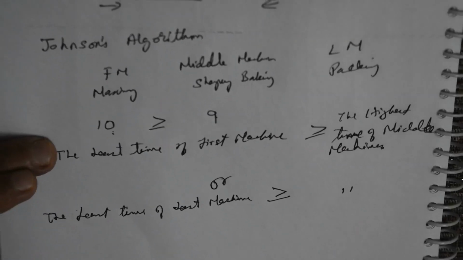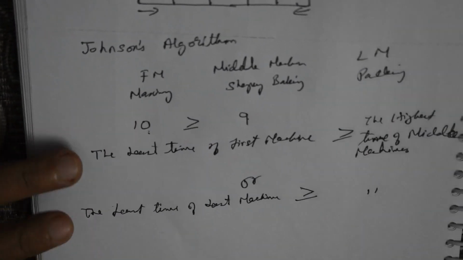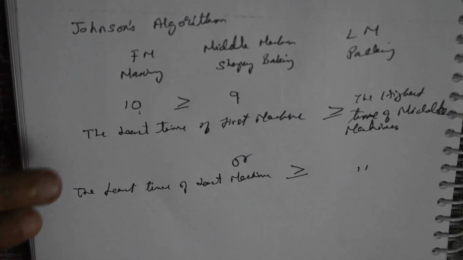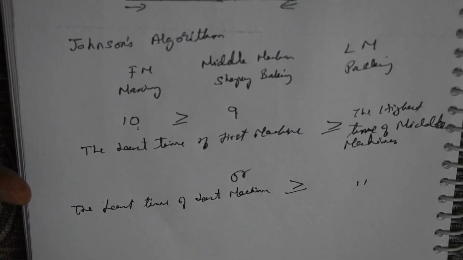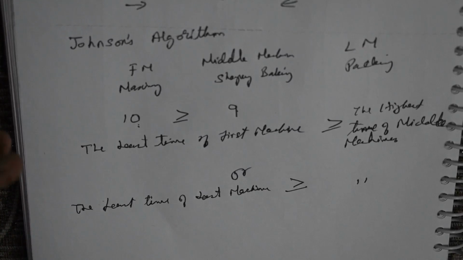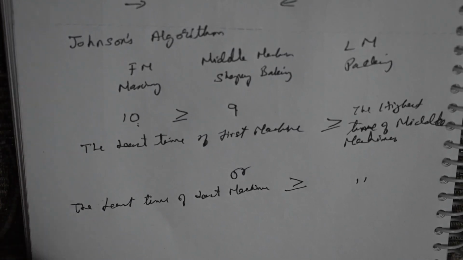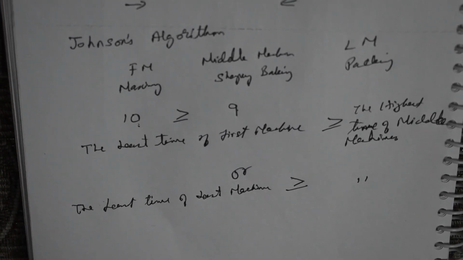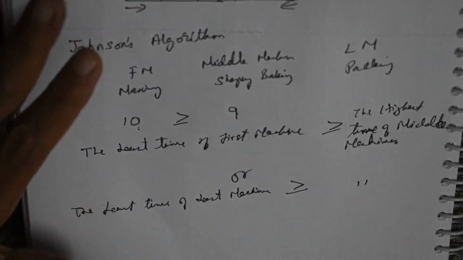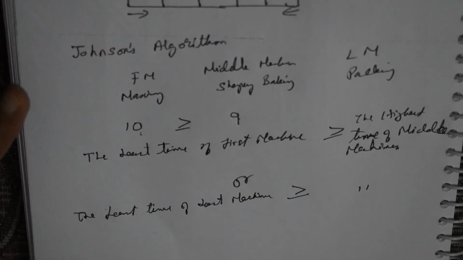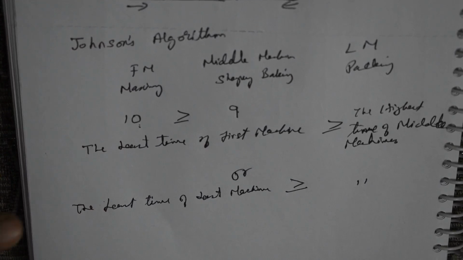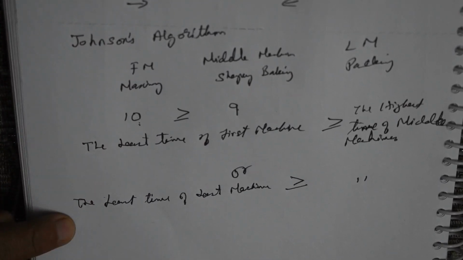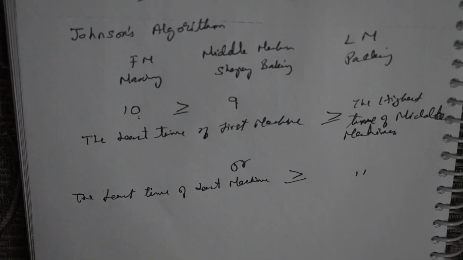Either the first machine or the last machine, any of these 2 should have a greater time. If it is not so, you cannot arrive at the optimal using this technique. You have some other technique, but the problem is limited only to this Johnson's algorithm rule. I am going to stick with it. Either the first machine or the last machine will definitely have the higher time.